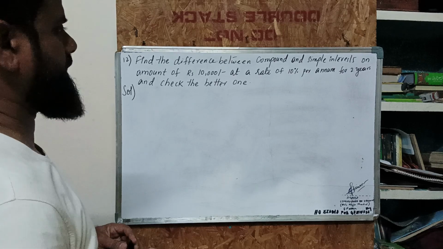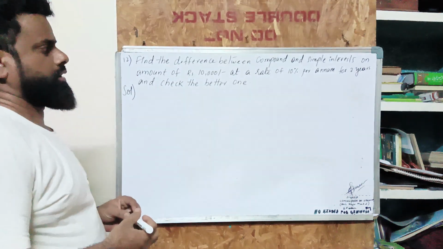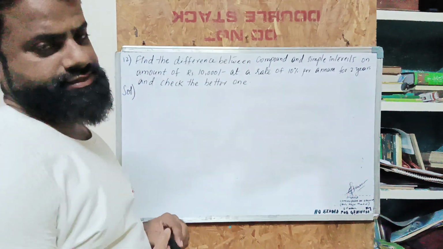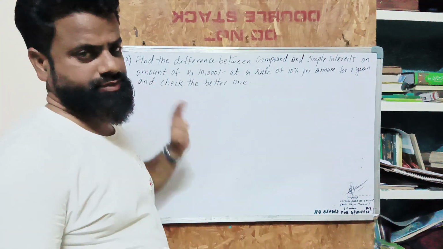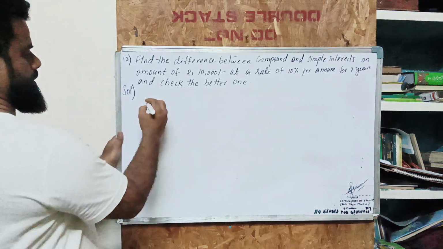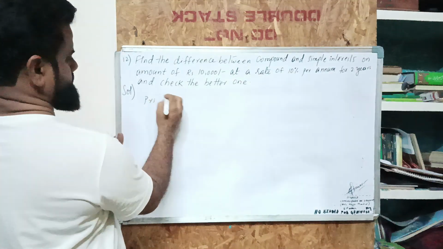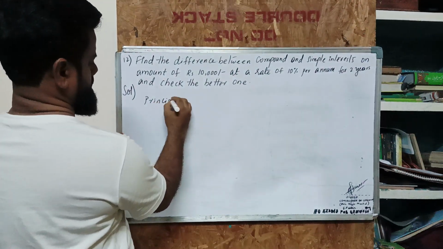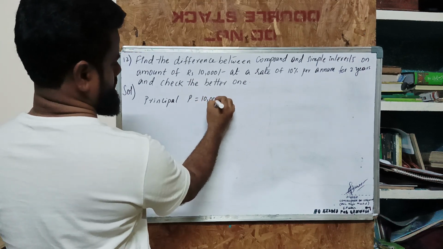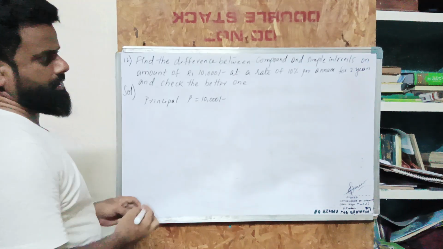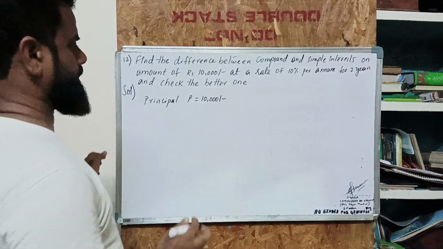So now here we have to find both the compound interest as well as the simple interest on an amount of rupees 10,000. That means the principal amount is 10,000. Principal P is equal to 10,000 at a rate of 10% per annum.